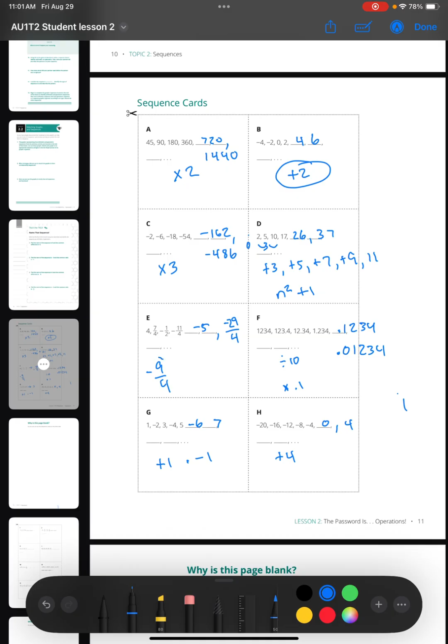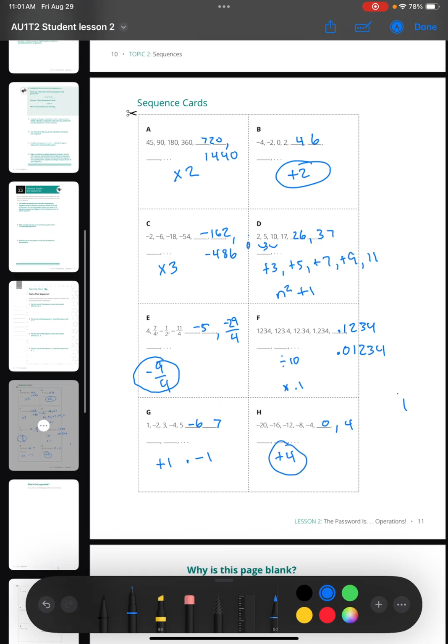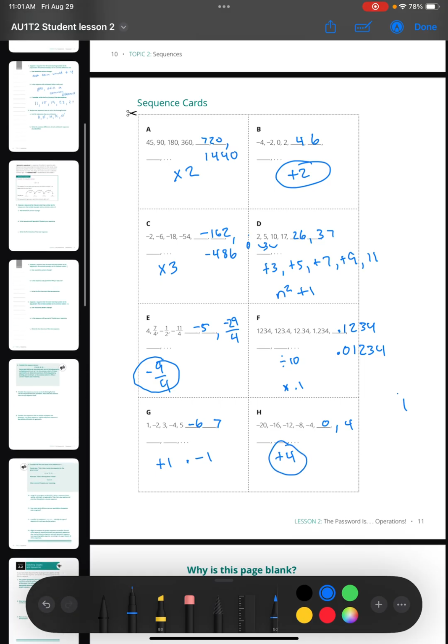E, we could say we were adding -9/4, even though we think of it as subtracting 9/4. Another one, H. It was adding 4 each time. So we had a common difference on all of those.